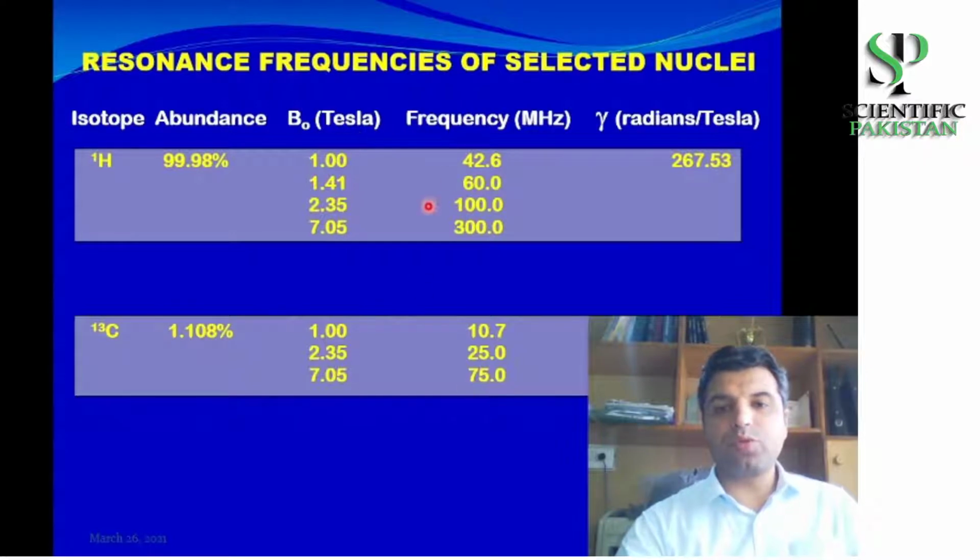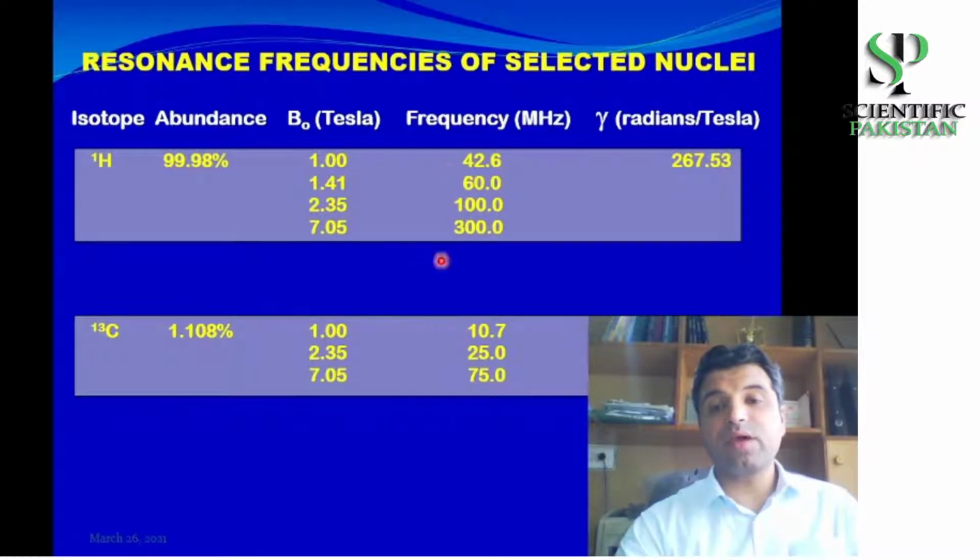Now let's compare both proton and carbon-13 under the same conditions of applied magnetic field. That is, if you provide 1 Tesla to both proton and carbon-13, you see that their Larmor frequencies are different. Proton precesses at about 42.6 megahertz, but at the same magnetic field strength, carbon-13 precesses at about 10.7 megahertz.